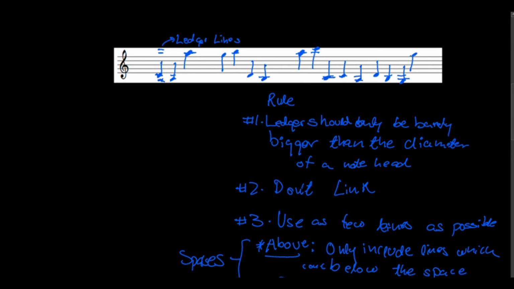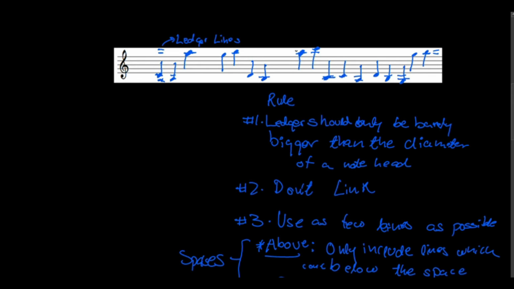Again, the one that comes below is already part of the staff, so I don't need to draw a ledger line. If I want to do one more space above, only one line. Boom. If I want to do two lines above, same concept. And if you don't want to remember it like this, just think of using as few lines as possible, as few ledger lines as possible to properly convey the meaning.